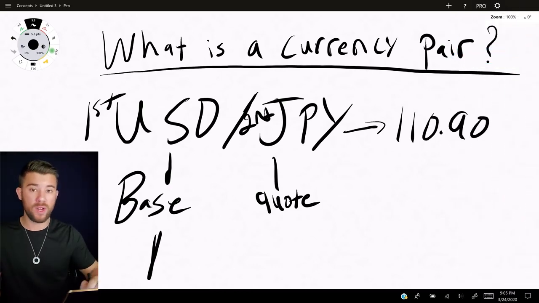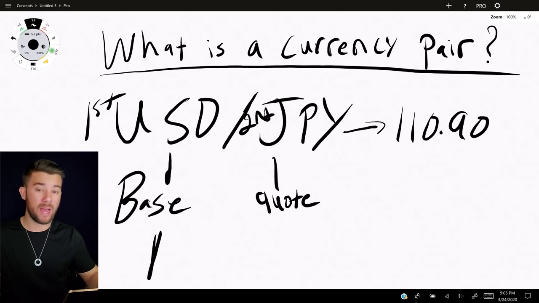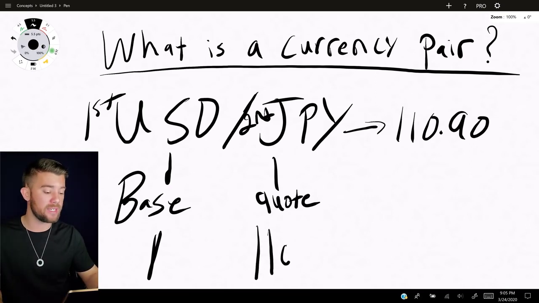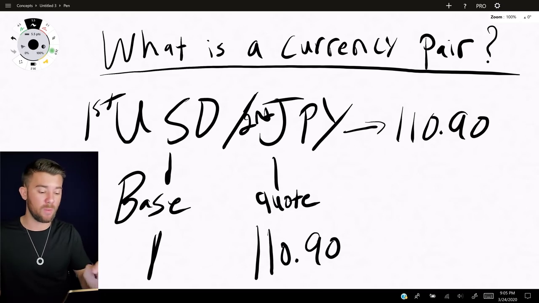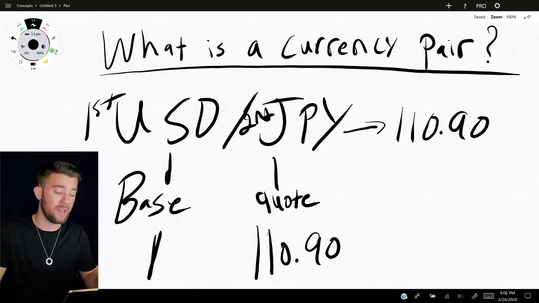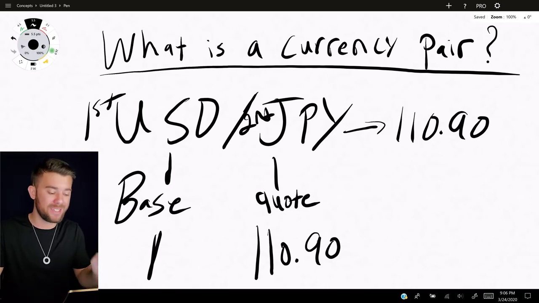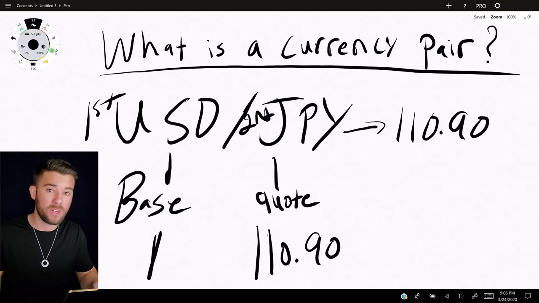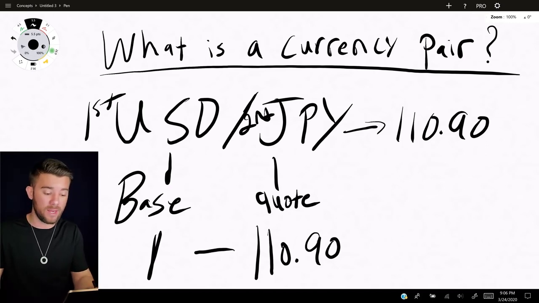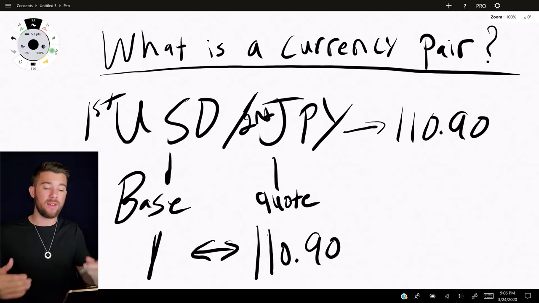If you have $1, that essentially means you have 110.90 yen, excuse me, not euros, yen. So at this point, we can see that $1 is equal to 110.90 yen, or if you have 110.90 yen, then you essentially have $1 and vice versa.